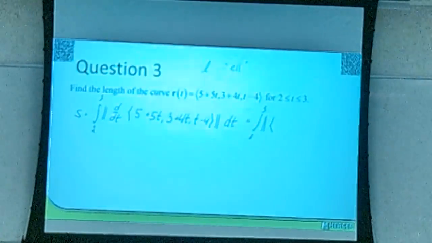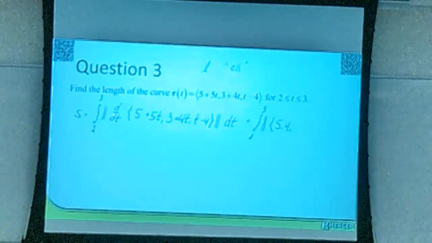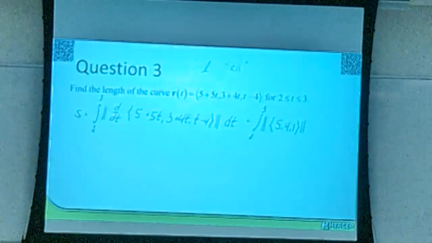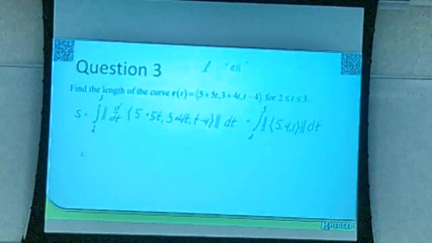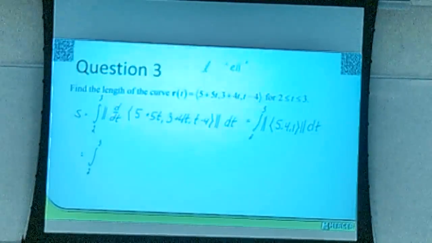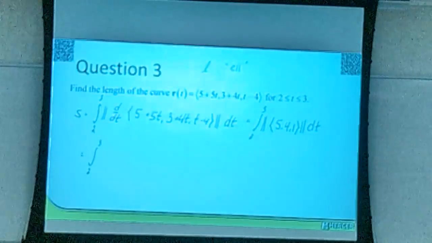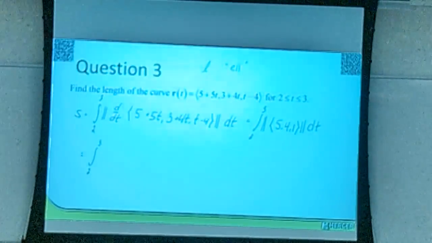What is r prime? 5, 4, 1. Oh, that's a nice one, isn't it? What's that magnitude? 42. What is it? 42.